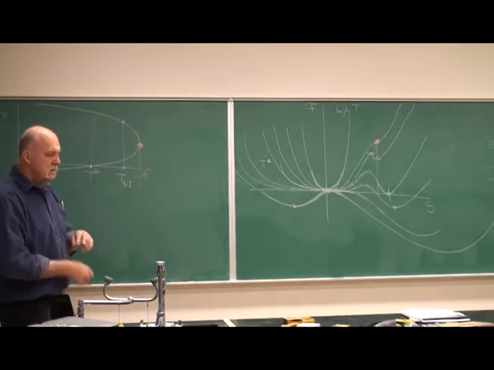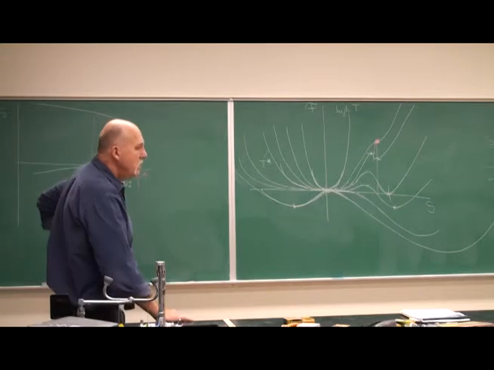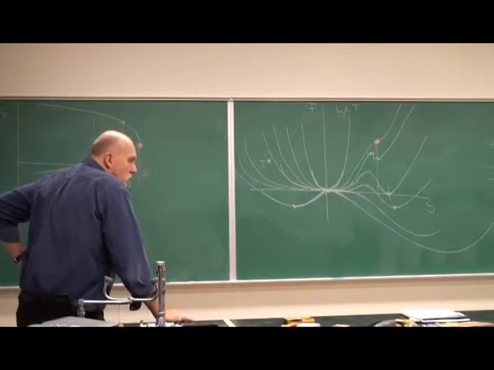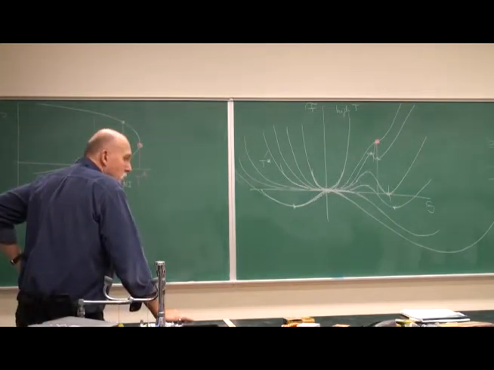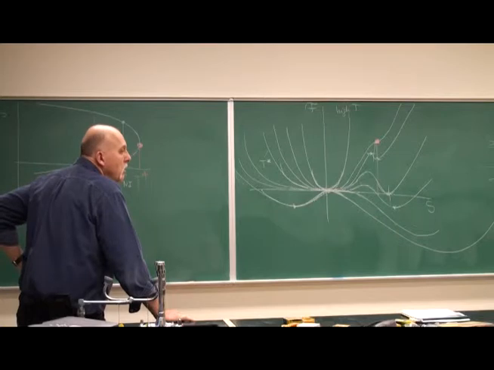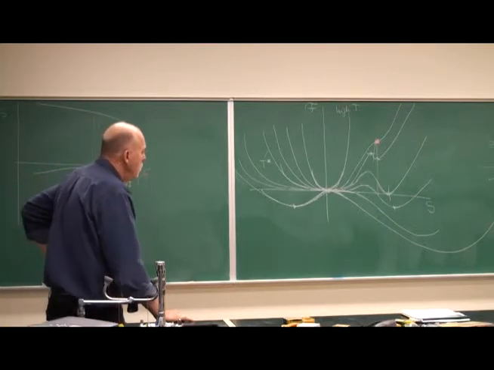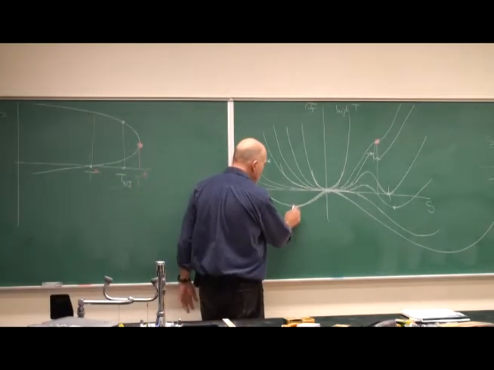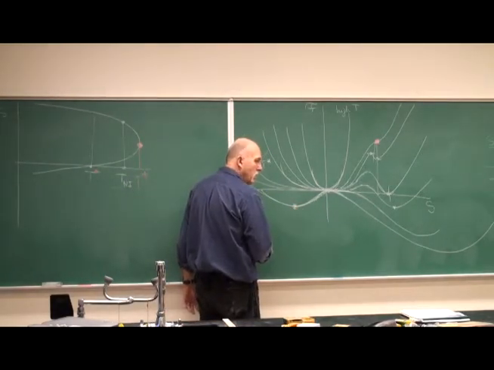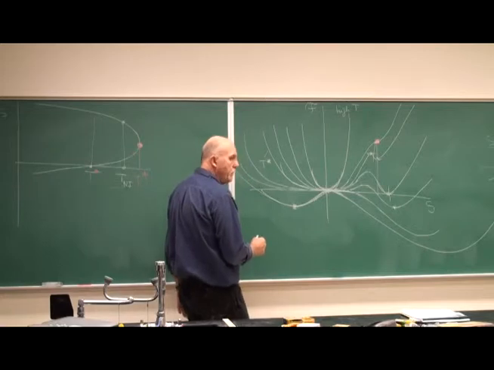Carl, you have a question? Yes. When we have two minima for negative and positive S, after we go below T star, the one that corresponds to negative S, the free energy minimum, is not as deep as the other one. That's right.